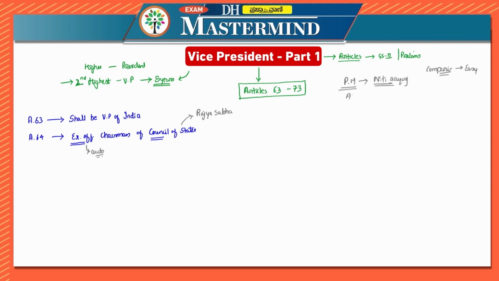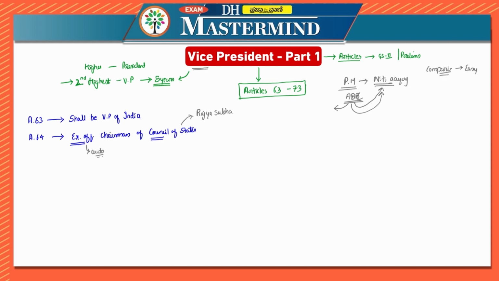That means if ABC becomes Prime Minister today, automatically they are chairman of Niti Aayog. They are serving other purposes also, but automatically they are chairman of Niti Aayog. Similarly, if a person is elected as Vice President, then automatically they become the chairman of Council of States.